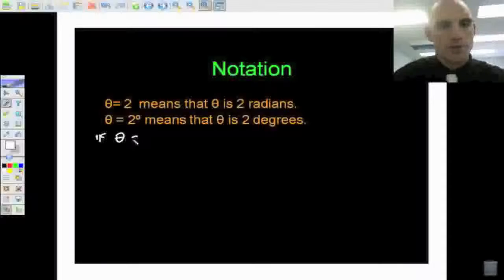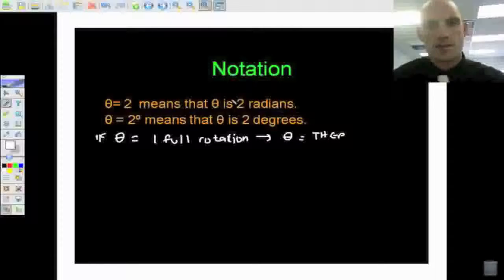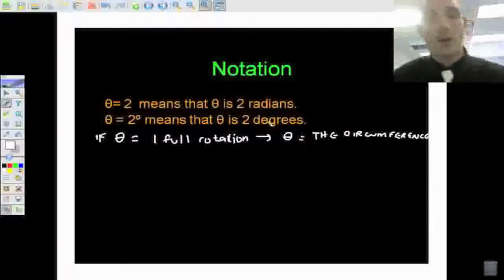What if theta equals 1 full rotation? That means that theta is going to equal the circumference of the circle, all the way around. Let's look at what this actually means.